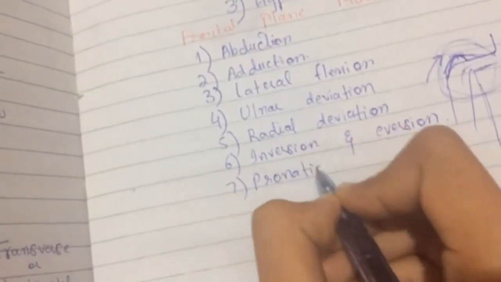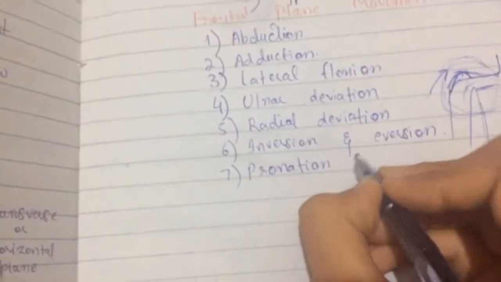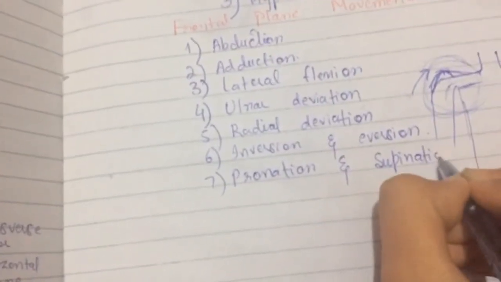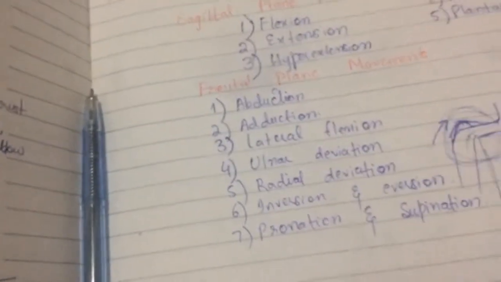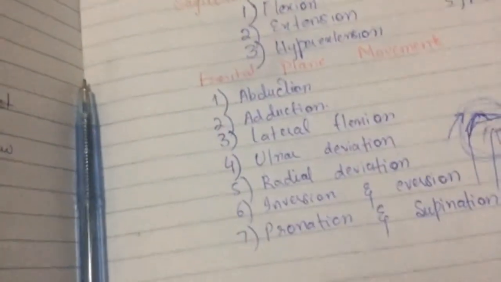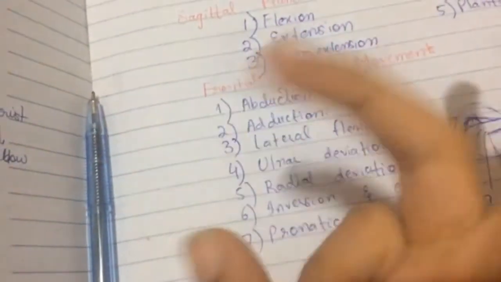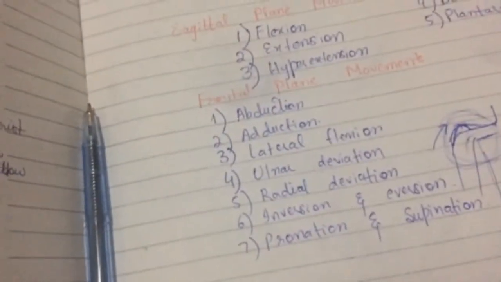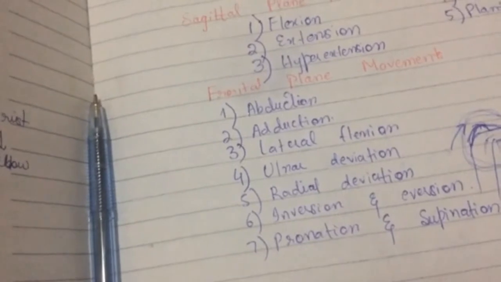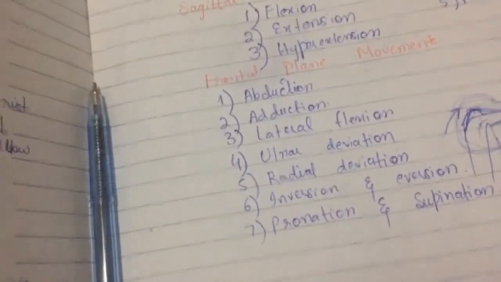Actually pronation and supination are movements that consist of more than one movement; they are a combination of three movements, basically in the subtalar joint. First we have to write that in pronation the movements included are eversion, abduction, and dorsiflexion.